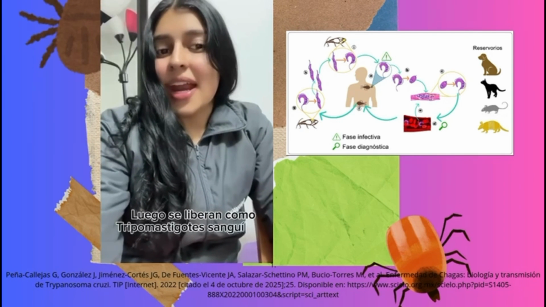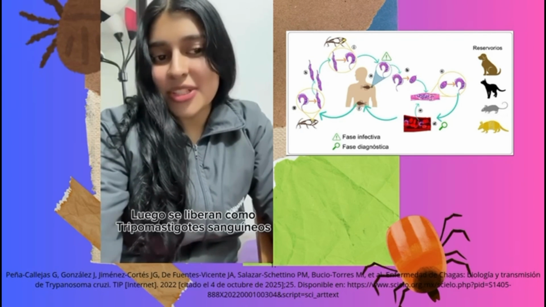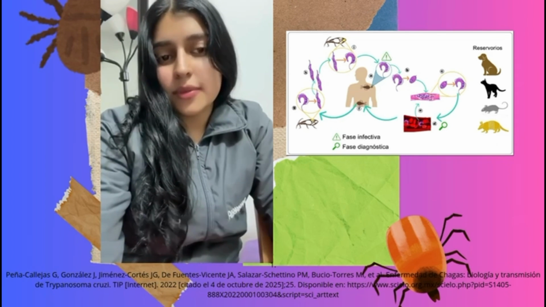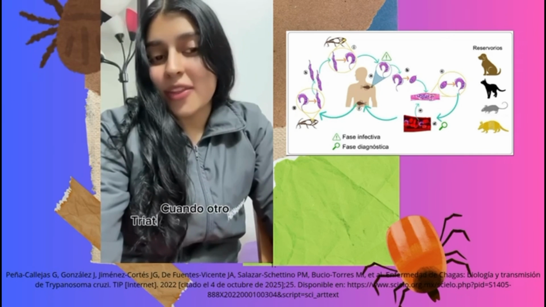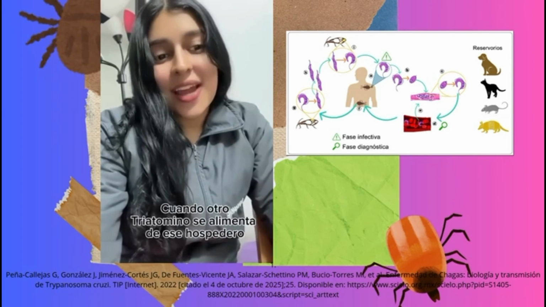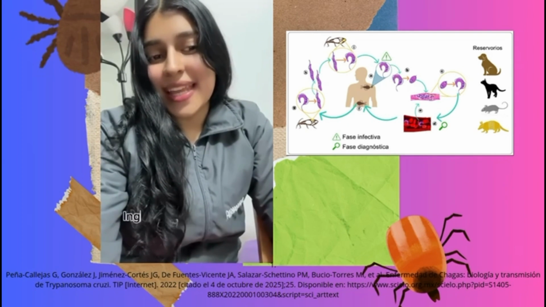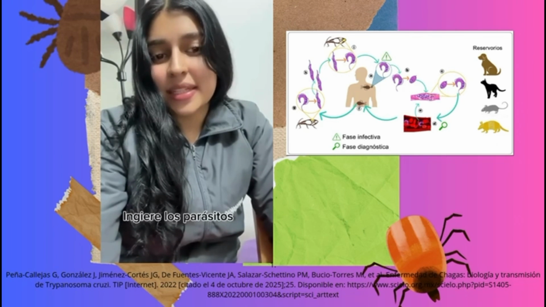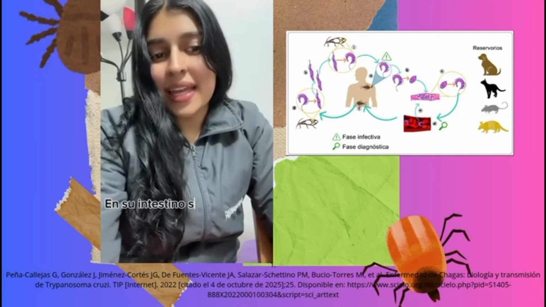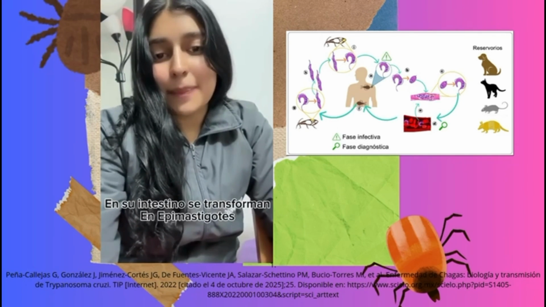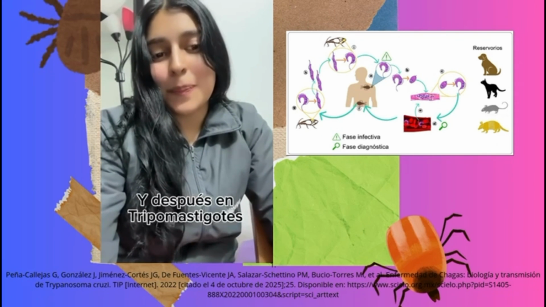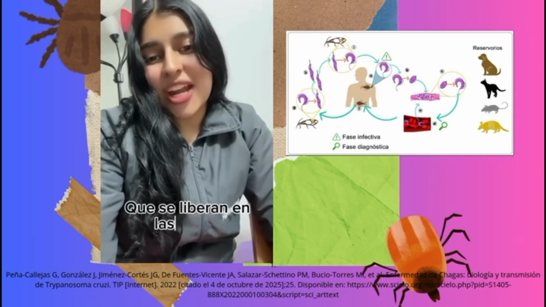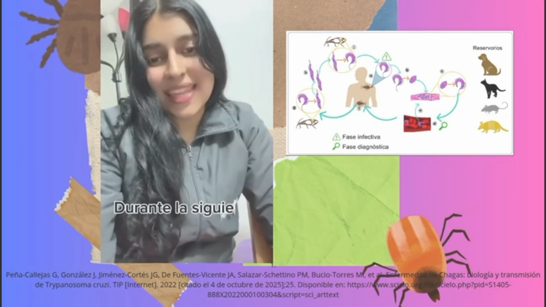Then they are released as bloodstream trypomastigotes, traveling to muscle and nerve cells. When another triatomine feeds on the infected host, it ingests the parasites. In the insect's gut, they become epimastigotes, and later infective metacyclic trypomastigotes, which are released in the feces during the next bite.